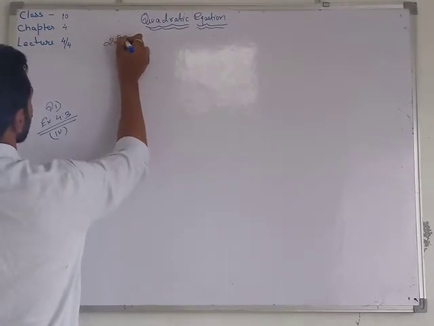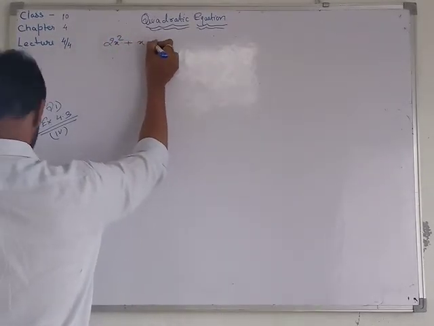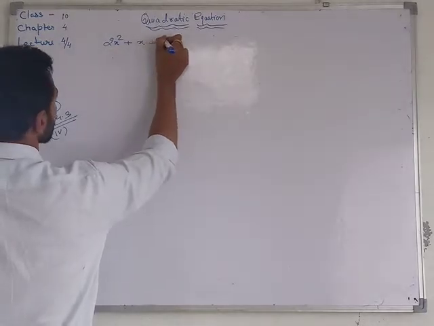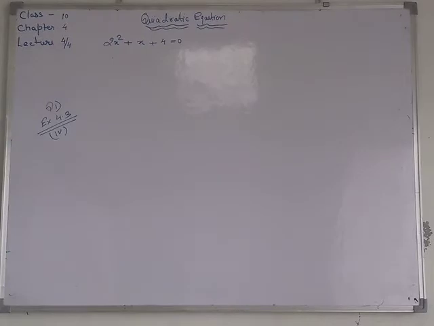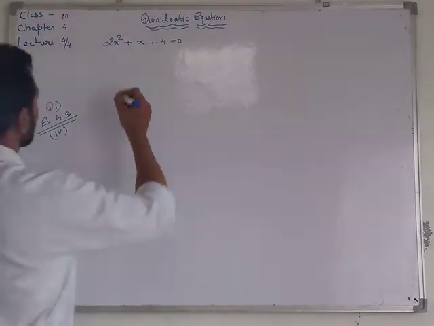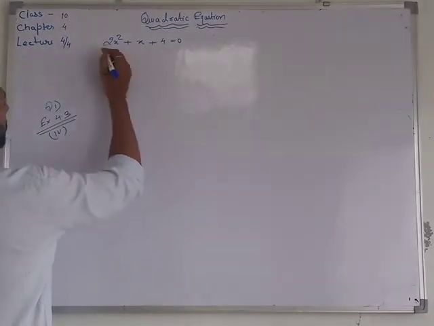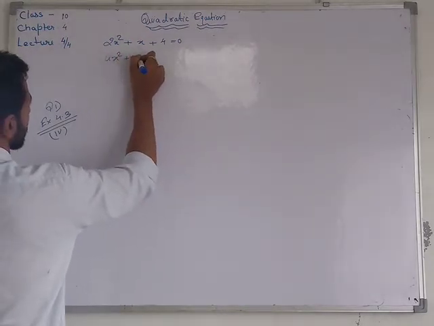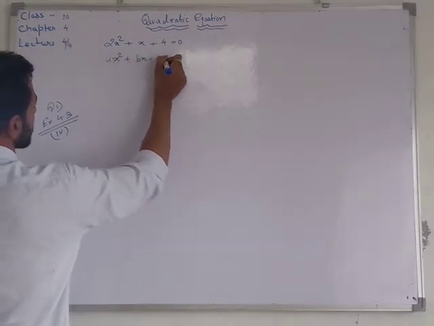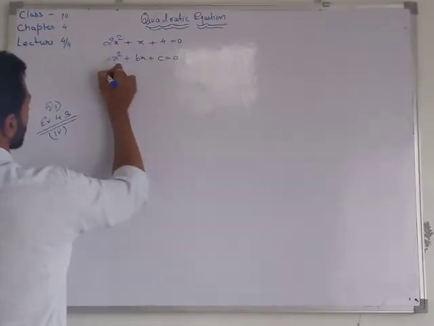2x square plus x plus 4 is equal to 0. This is the quadratic equation. First, writing the general equation for this: ax square plus bx plus c is equal to 0.